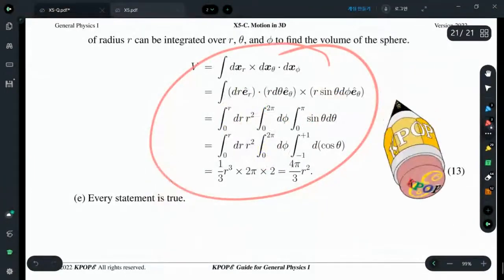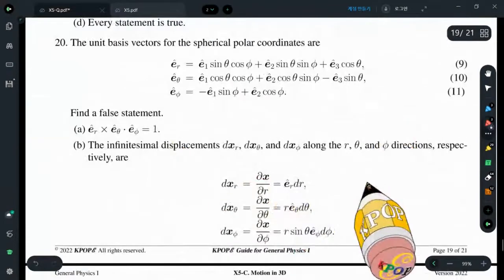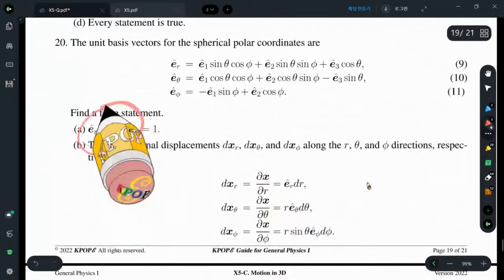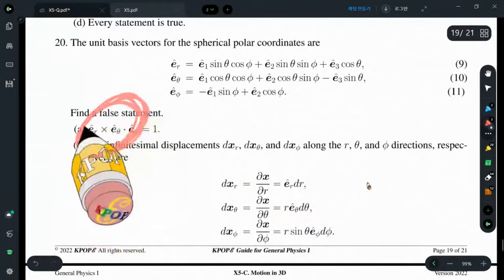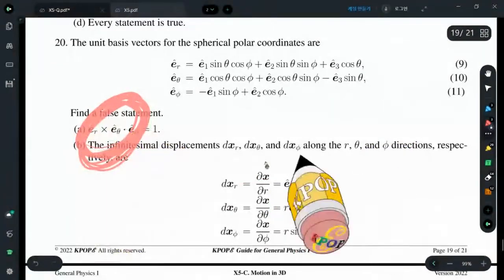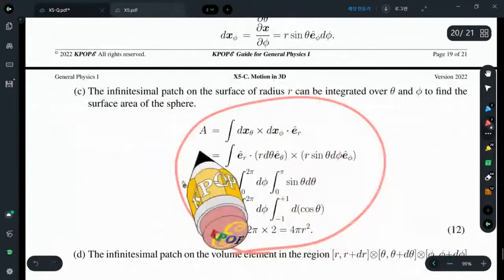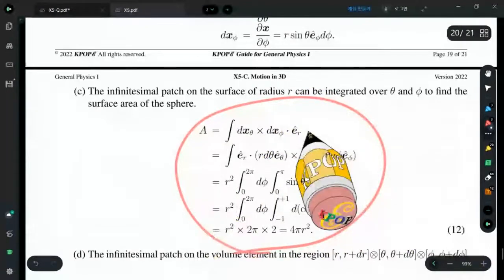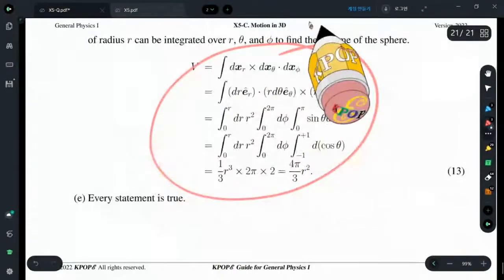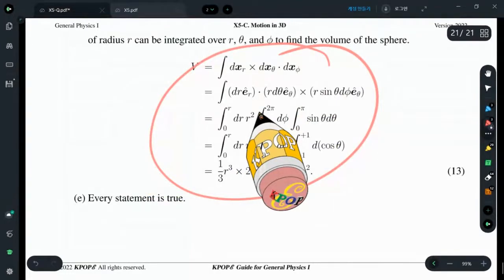You have to compute it by yourself, following the reason why I keep telling you this triple scalar product to find the volume: it is to let you evaluate this curved surface area and volume. That's it for today. Any questions?